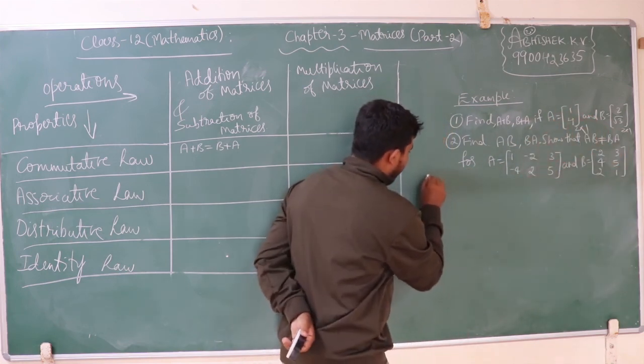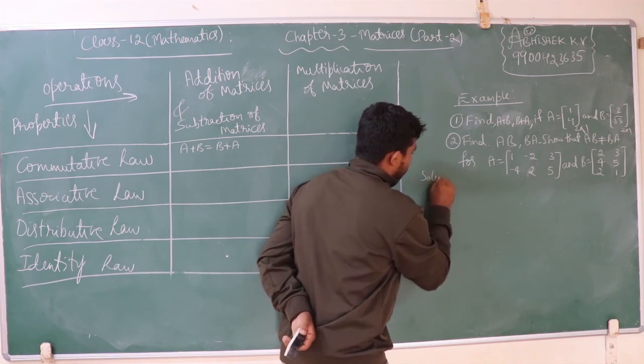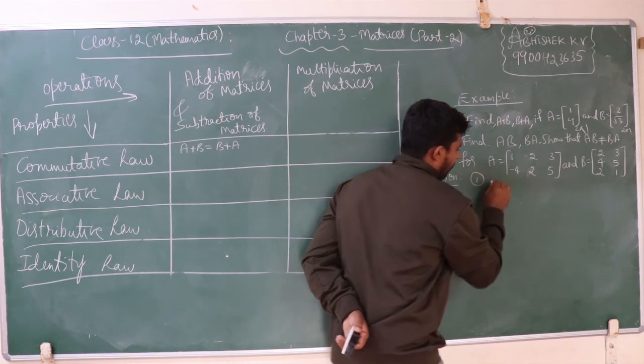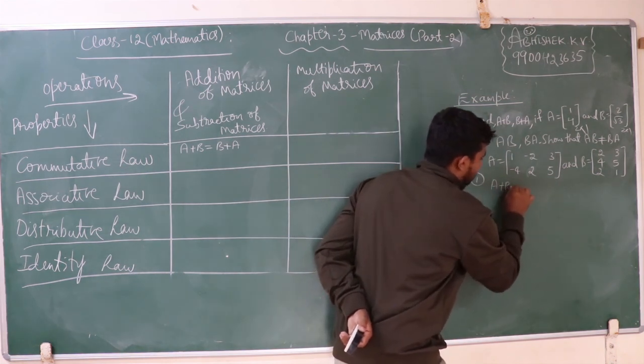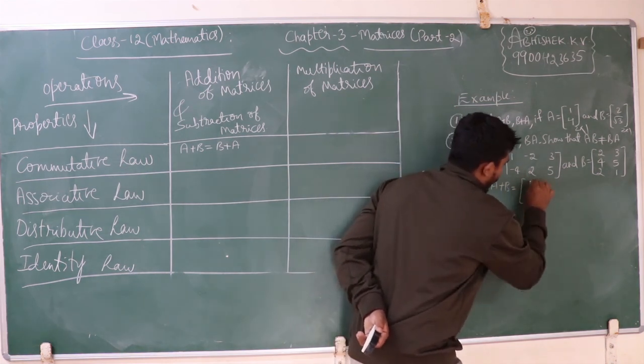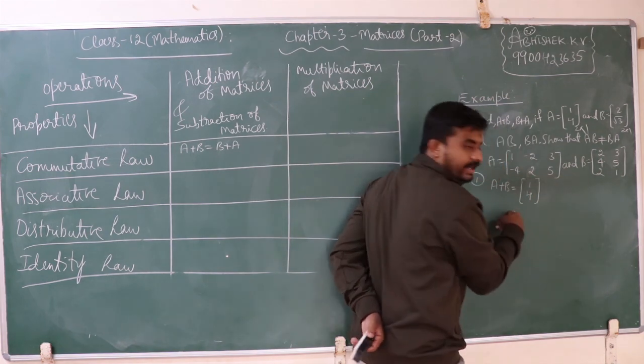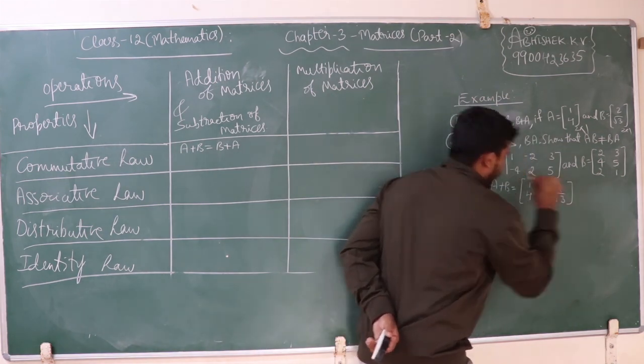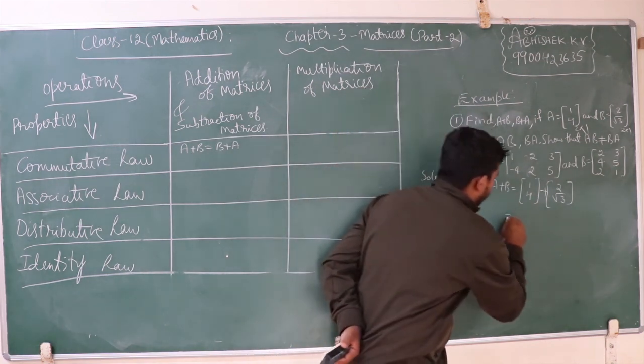If I consider the solution for the first one, what is A plus B? Matrix A is 1, 4 plus 2, root 3. How can you add this?